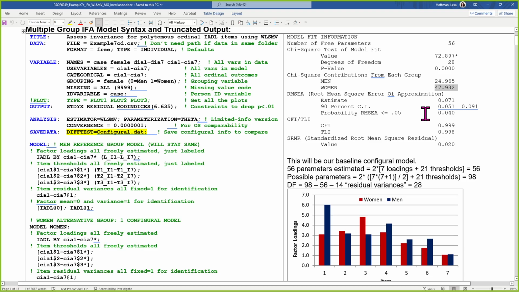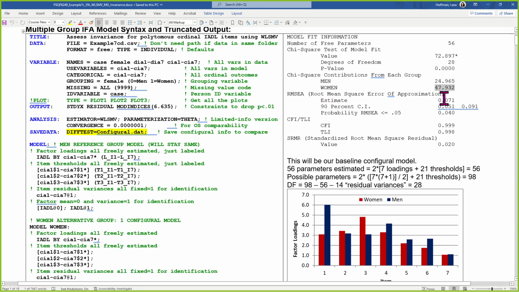Now, can I draw the conclusion that the model for women is more misfitting than the model for men based on these chi-square contributions? Can I say that the women's model fits worse than the men's based on this? You're shaking your head no? No. Why not? Because you're right. I can't say that. I can't look at these numbers and say, oh, the model fits worse in women because their chi-square contribution is higher.